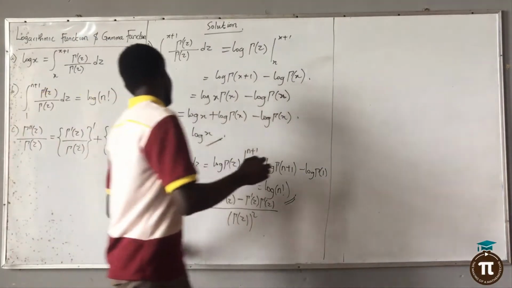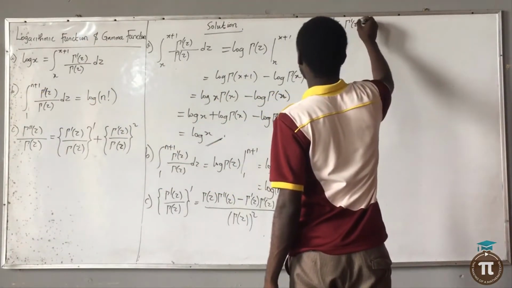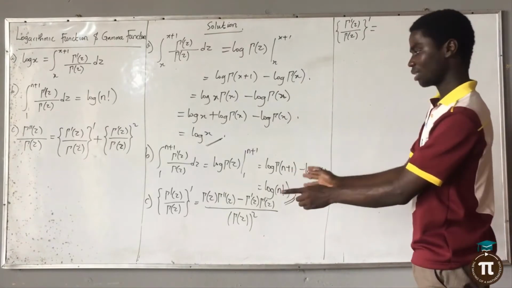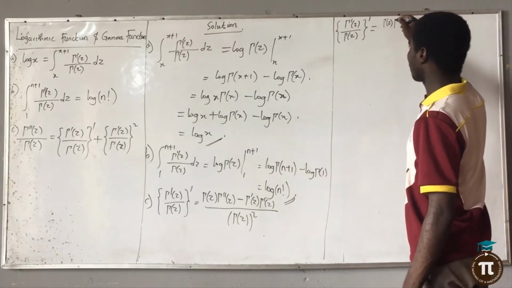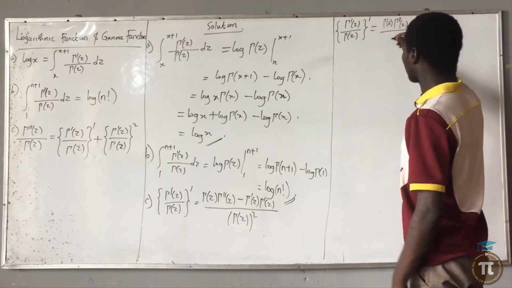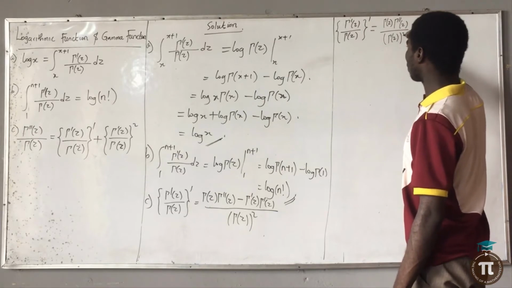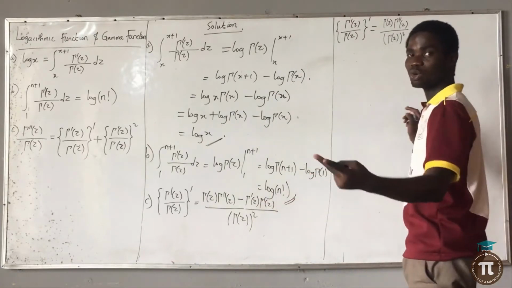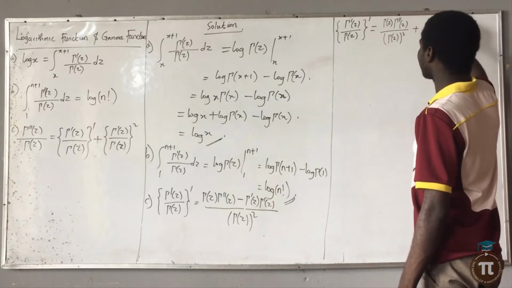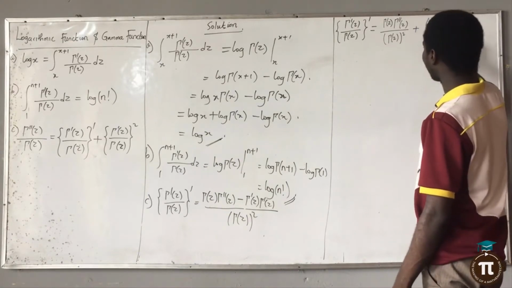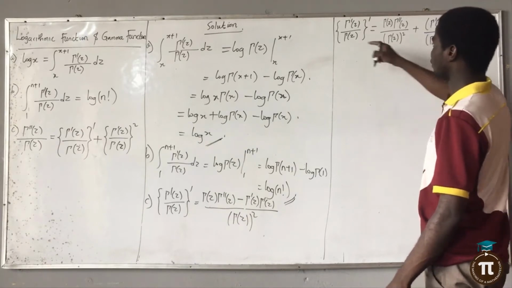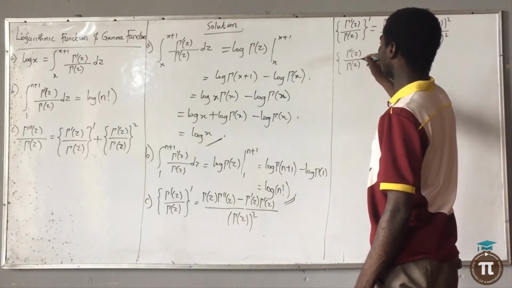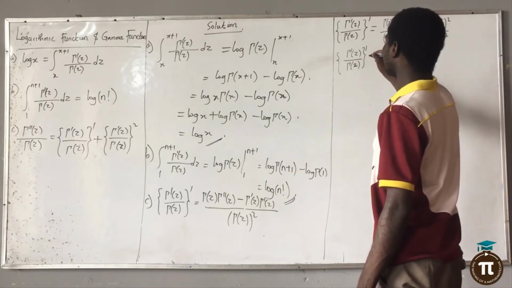That is what I have. Now I will separate it so that this becomes gamma of z times the second derivative of gamma, over gamma of z all squared, minus the derivative of gamma squared over gamma of z all squared.